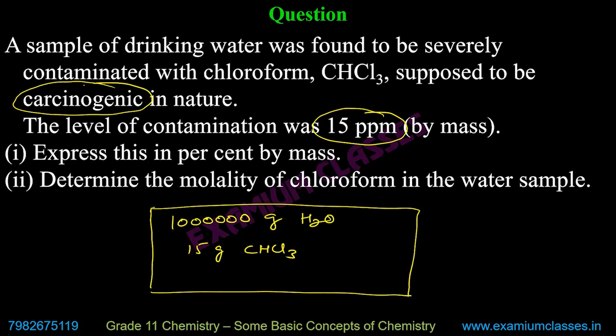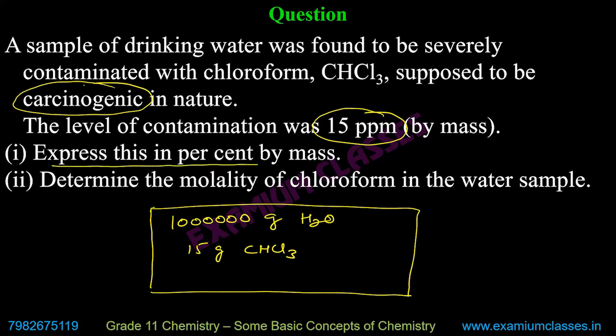This is what 15 ppm means here. Per million means you have 1 million grams and 15 parts, that is 15 gram chloroform. So you will use this information.